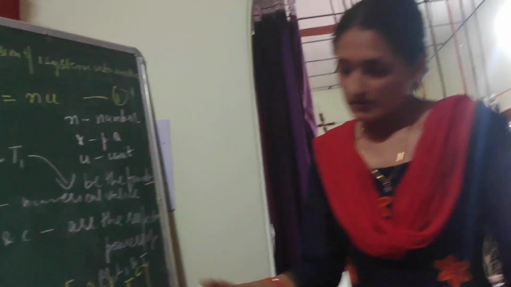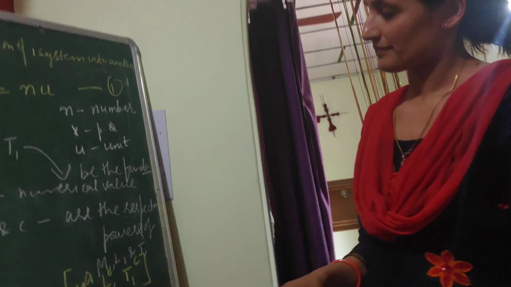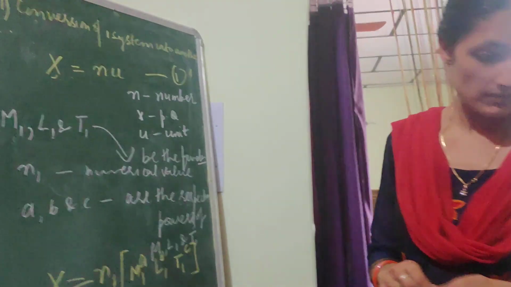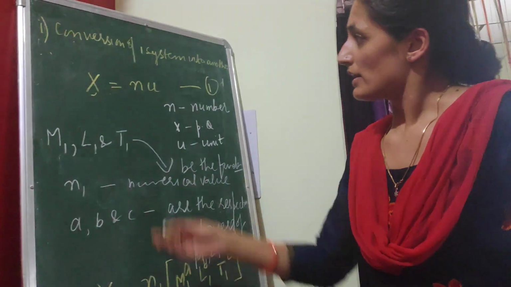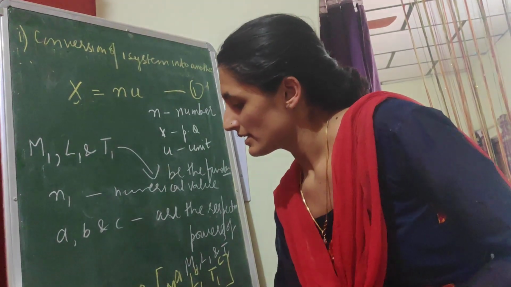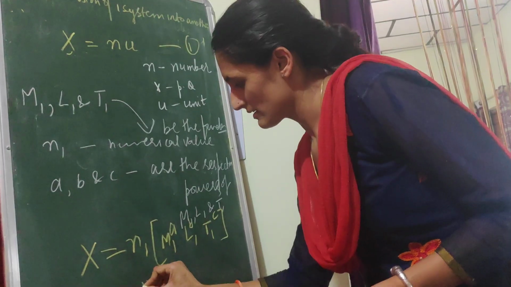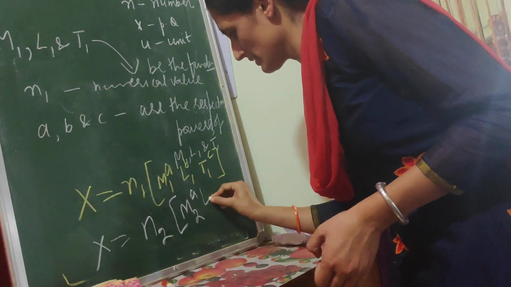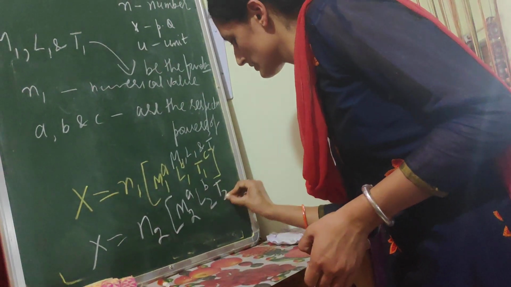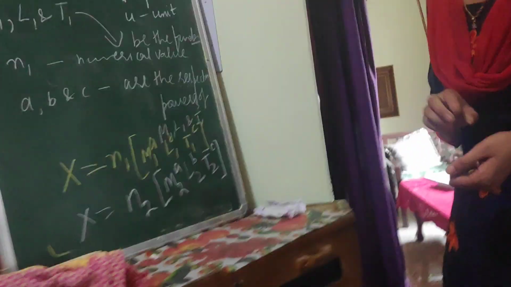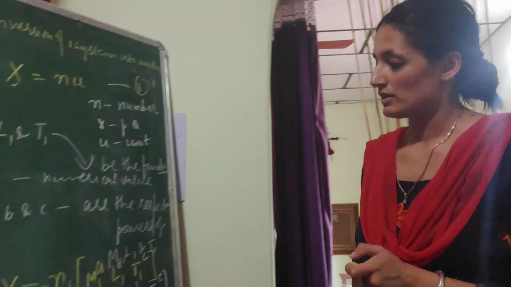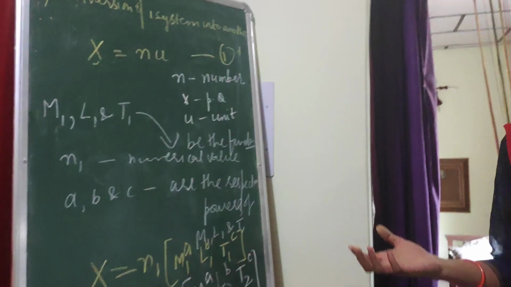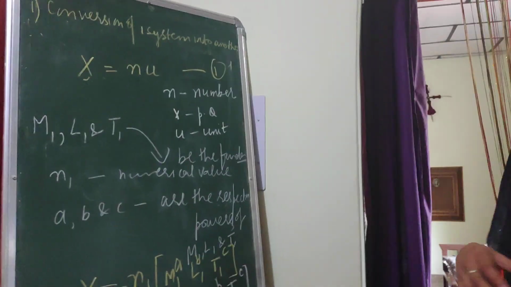Now similarly, this is the first system and I want to convert it into some other system. In that system also, X is N2 M2^A L2^B T2^C. Always remember why I have written only X: because the physical quantity in both systems will remain the same. The values change.